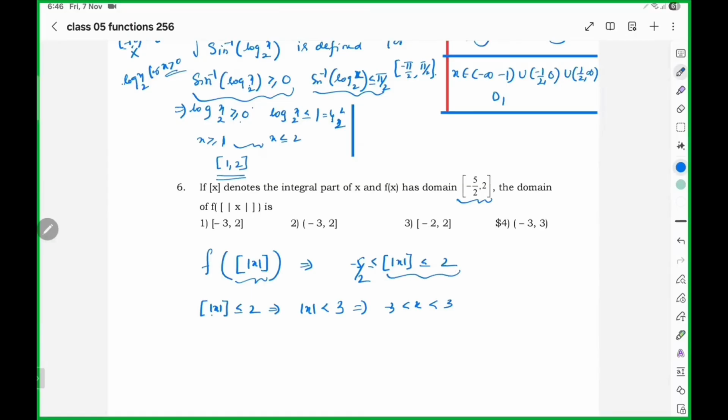I solved this part. The second part here is greater than -5 by 2. Since modulus is there, it can't be negative. So I can say it is greater than 0.